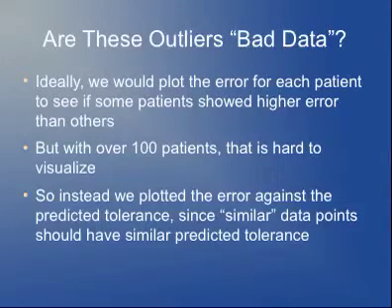But we had over 100 patients in the study. We didn't want to generate graphs and look at graphs for every single one of them. So what we did is we plotted the error against the predicted tolerance, since our thinking was that similar data points from the same study site and the same pain condition status should have similar predicted tolerance.